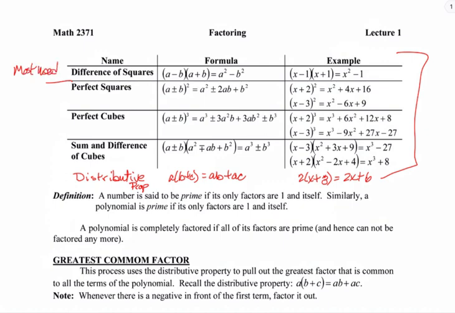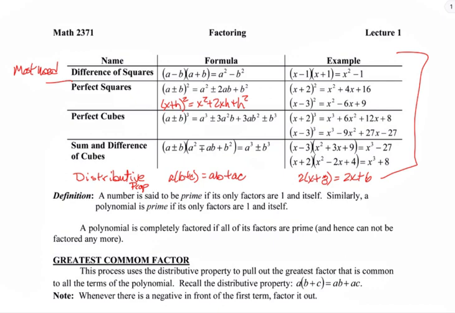Other than those two, you will be using (x plus h) squared a lot to come, and that is x squared plus 2xh plus h squared. This is used in calculus a whole lot.